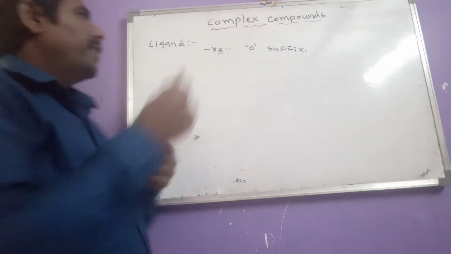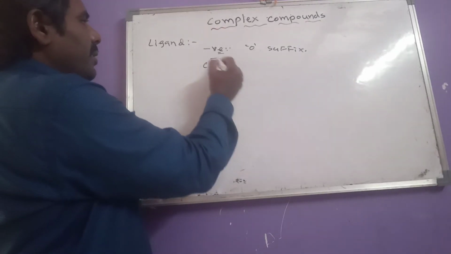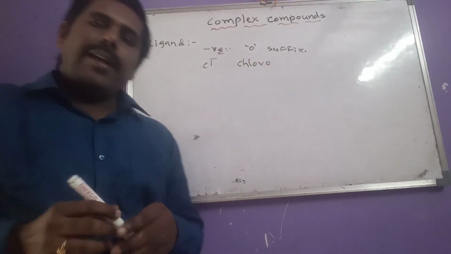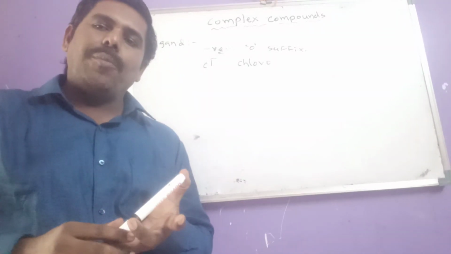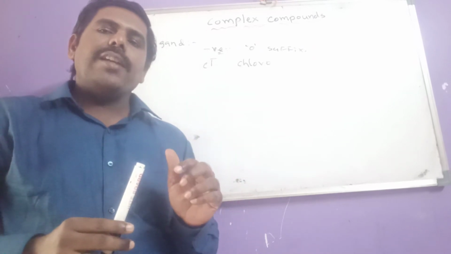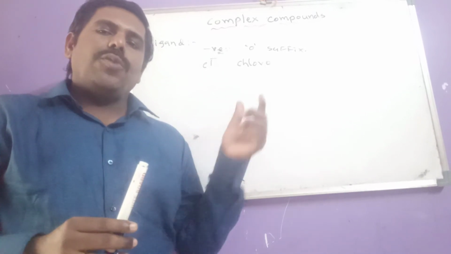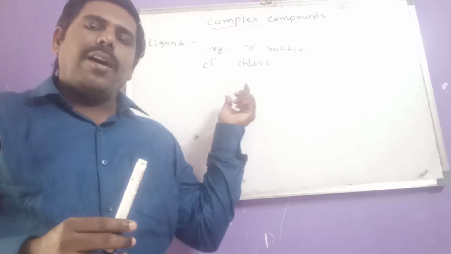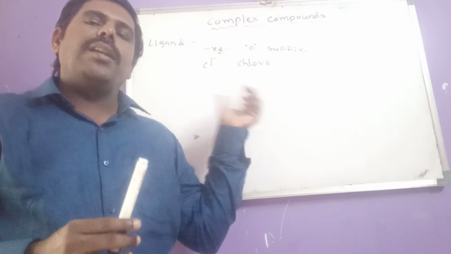That means if the Cl- ligand is there, it is named chloro. Br-, bromo. I-, iodo. CN-, cyano. So the 'o' suffix is added to the names of negatively charged ligands.